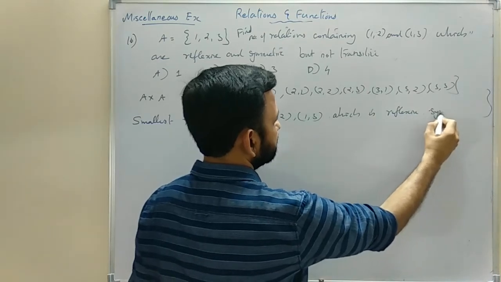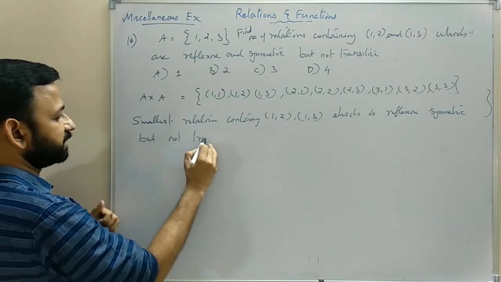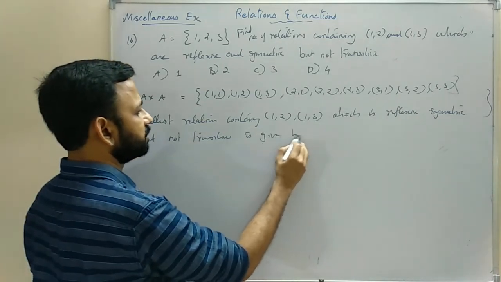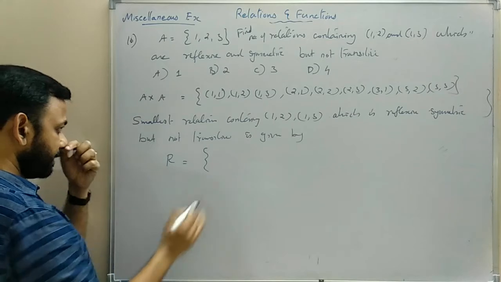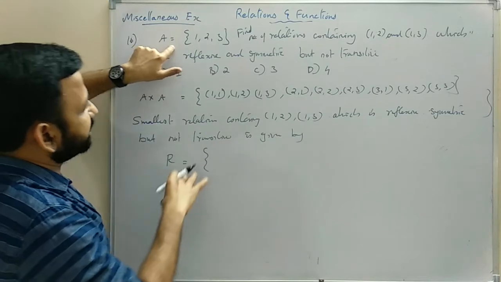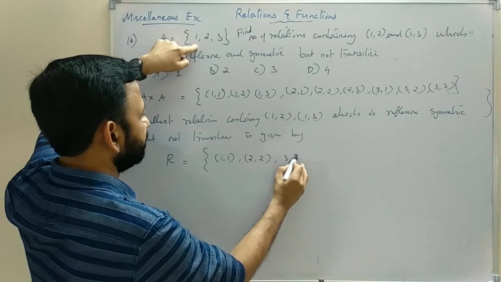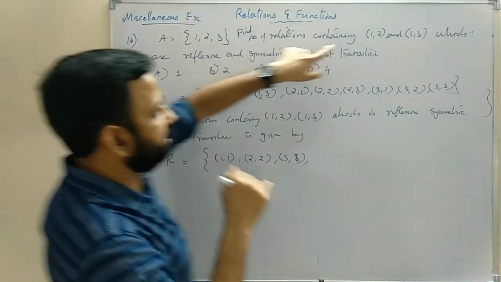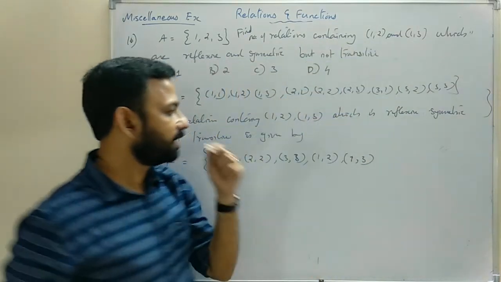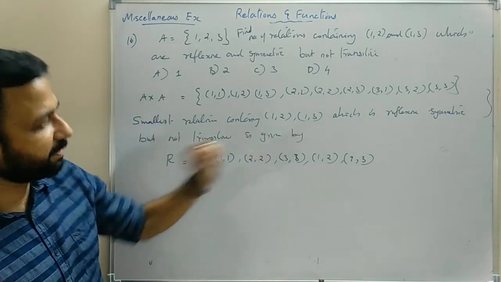So we can write one relation, and here it is given, it is reflexive. This is a relation defined on set A. So if it is reflexive, ordered pairs (1, 1), (2, 2) and (3, 3) should be there, and ordered pair (1, 2) that is given, and (1, 3) should be there. And now it is reflexive, and it is given, it is symmetric.